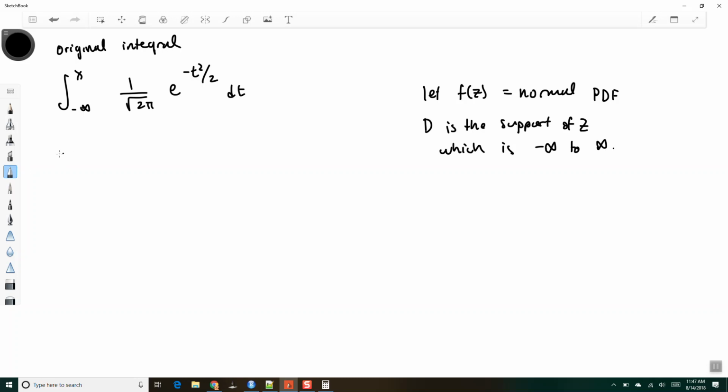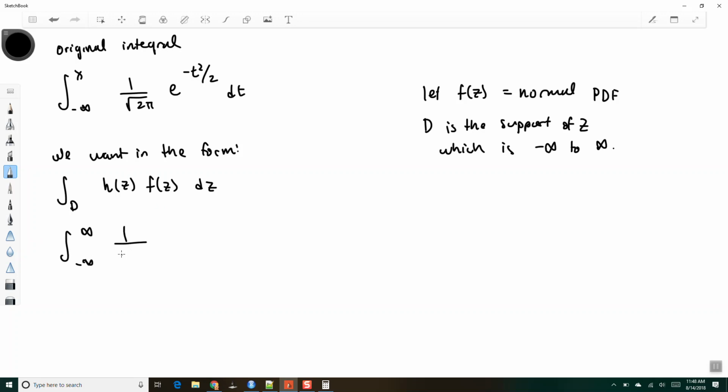So we want it in the form integral over the domain of h of z times f of z dz. And so currently this is the integral from minus infinity to infinity of 1 over root 2 pi e to the negative z squared over 2 dz.